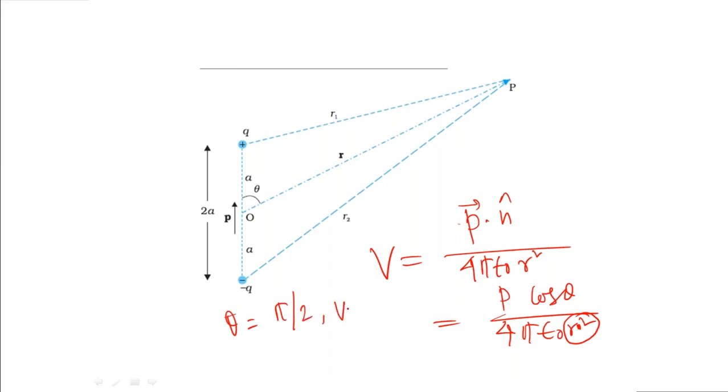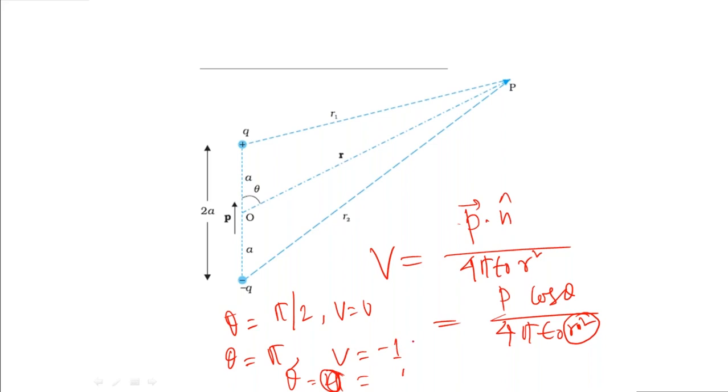Not minus 1, it will actually be plus p by 4 pi epsilon naught r square. So the potential varies from minimum to maximum to 0.